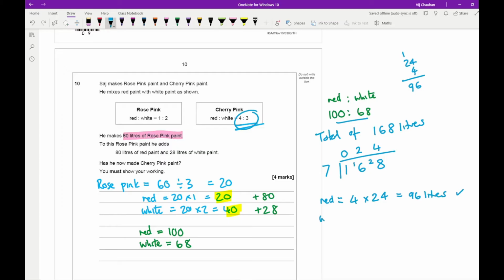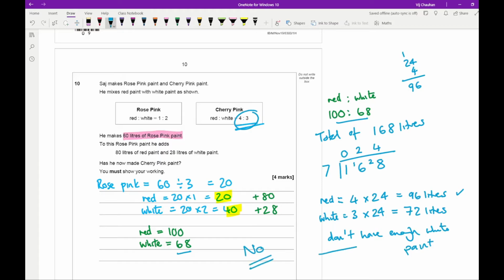But then for the white paint, if I then do 3 times 24, I get an answer of 72 litres is going to be needed, which I've only got 68. So here I don't have enough white paint. So does he now have enough to make cherry pink? The answer is going to be no. And this is the reason why.